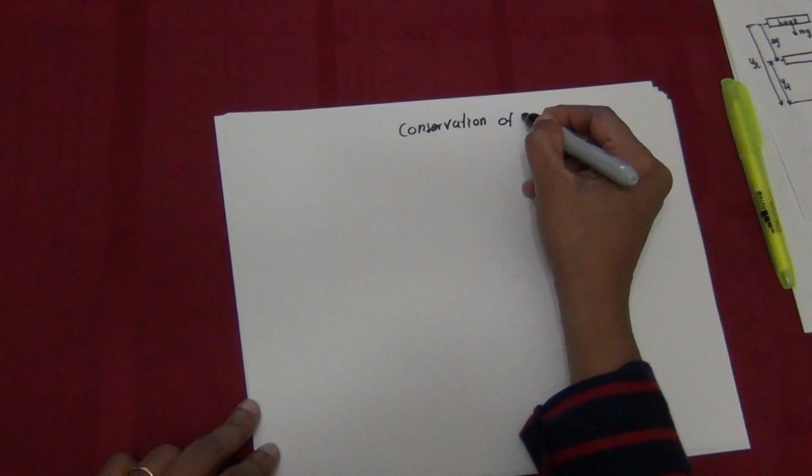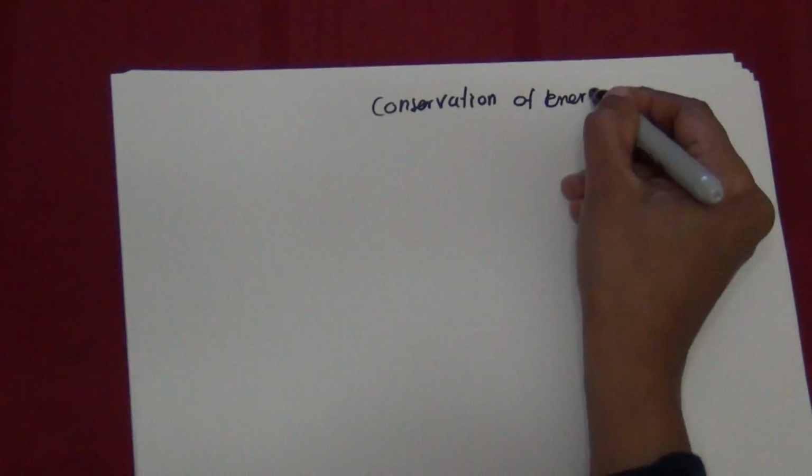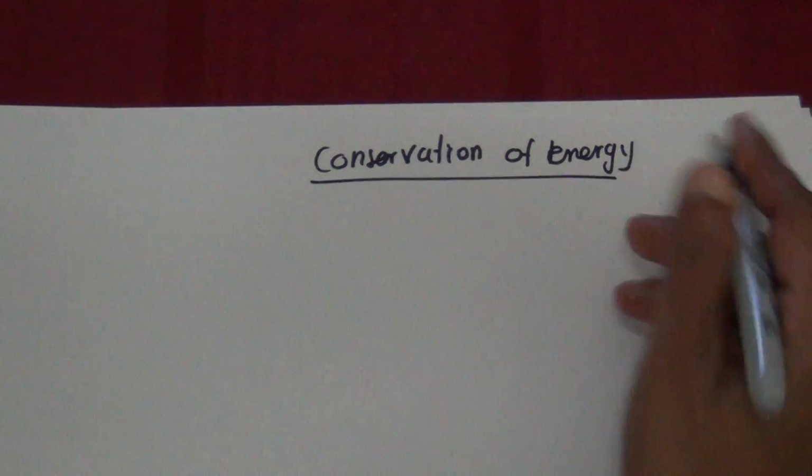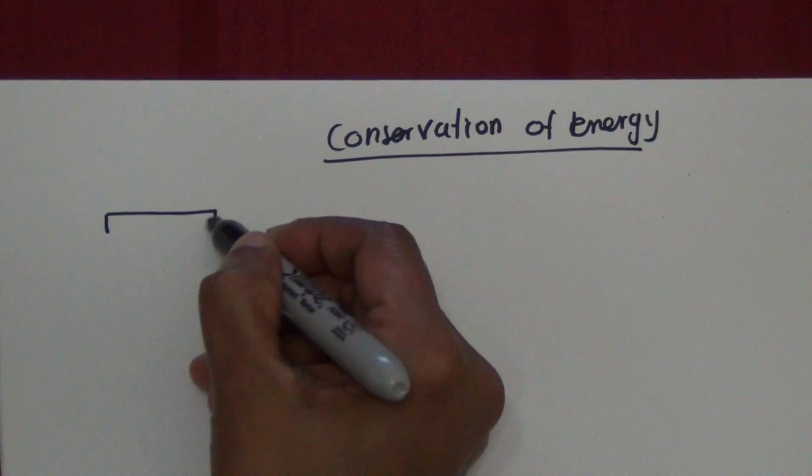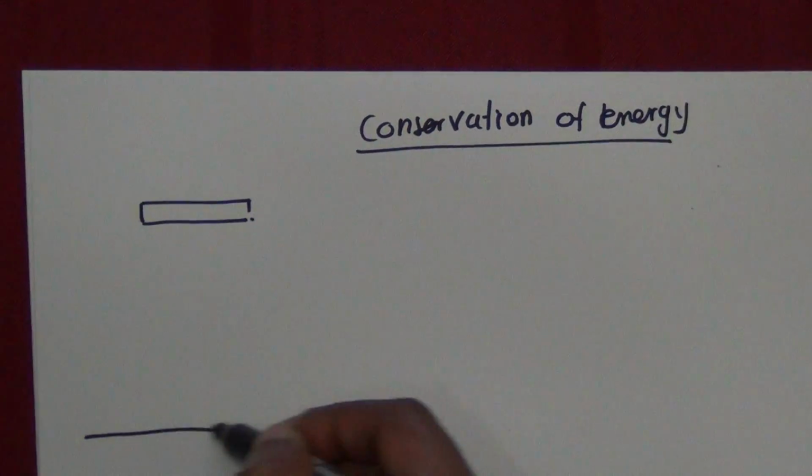Now the next thing, let us derive an expression, or an equation, for conservation of energy, right? For that, I'm going to take the example we used before too. There is a book. This is the ground.